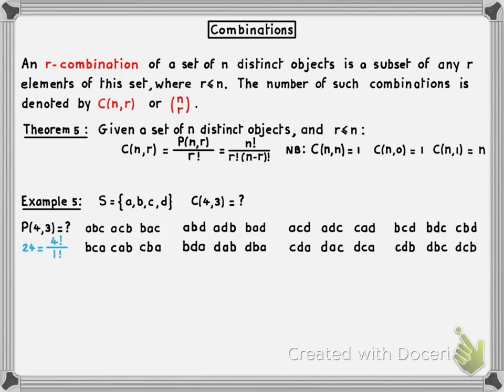Now remember, what we are looking for is the number of combinations, that is the number of subsets of size 3.